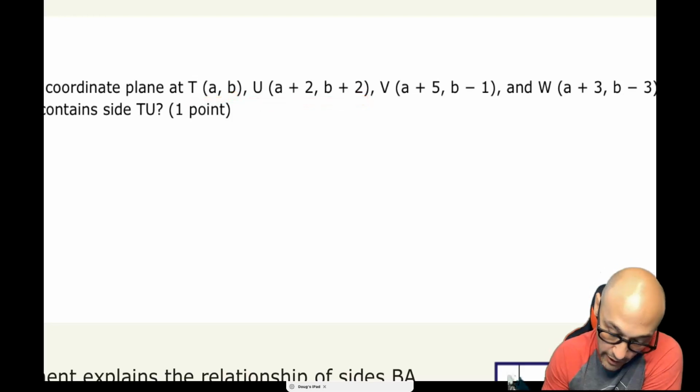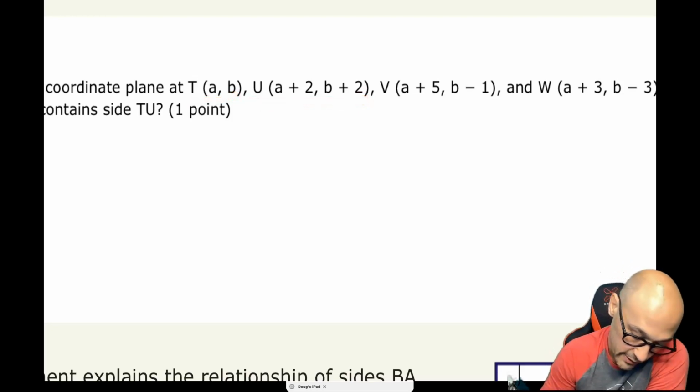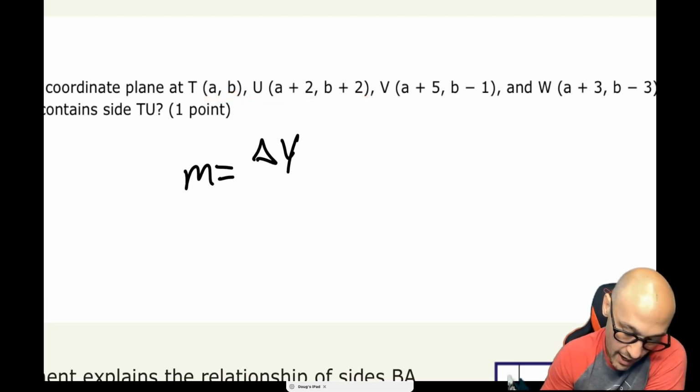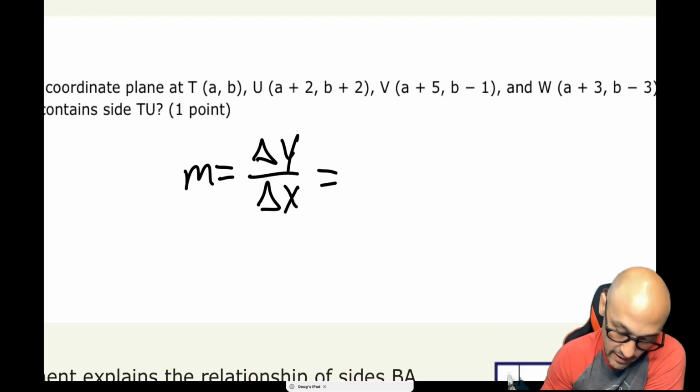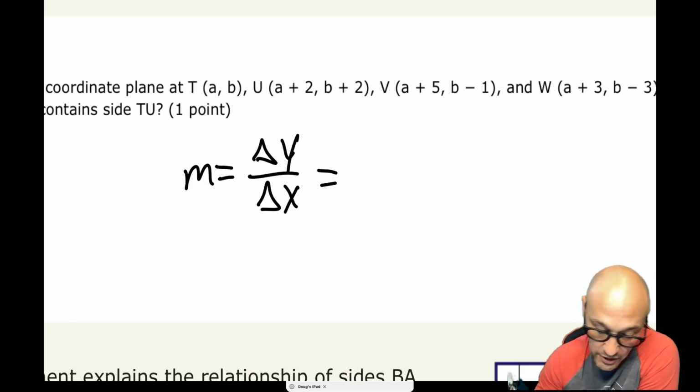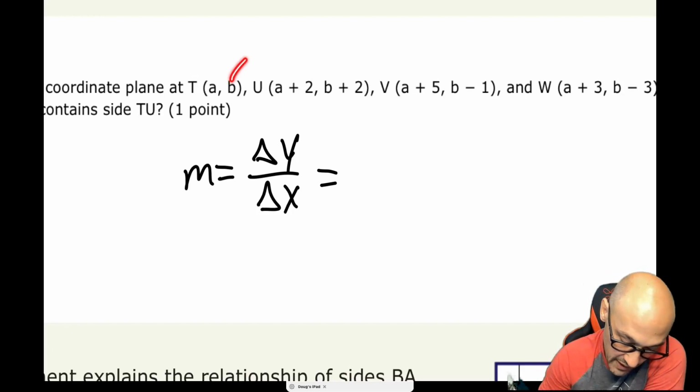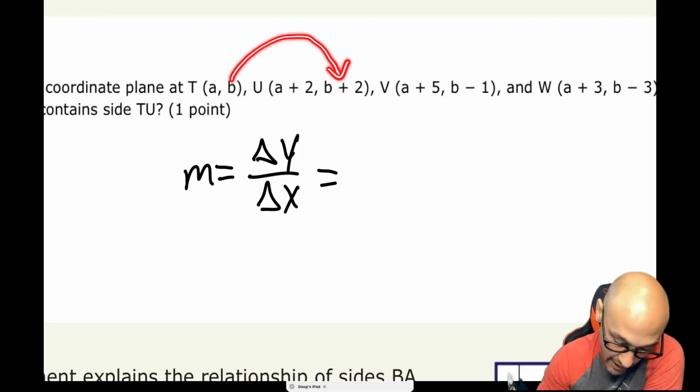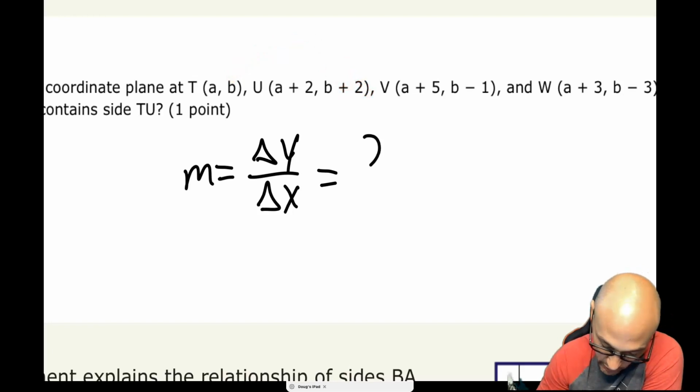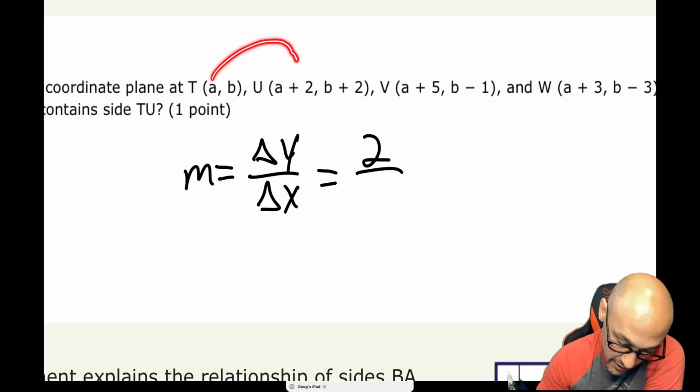And remember that slope, don't forget, slope is delta y over delta x. Delta y, change in y, as we go from this y value to that y value, we're simply adding 2. So our delta y is 2. As we go from our x value here to that x value, we're adding 2.